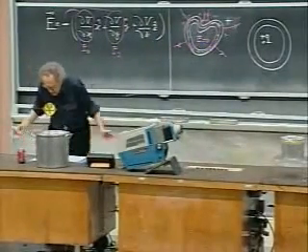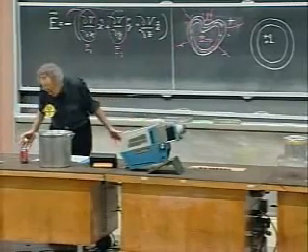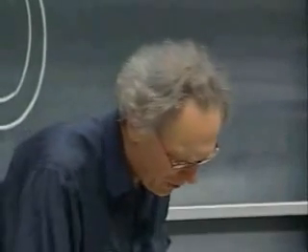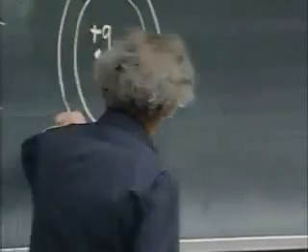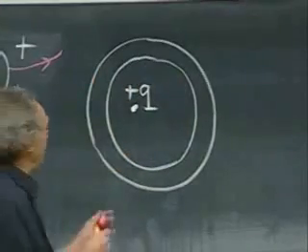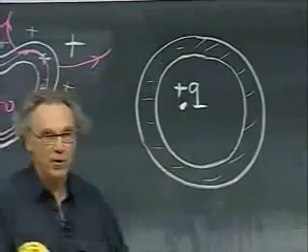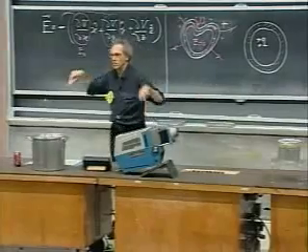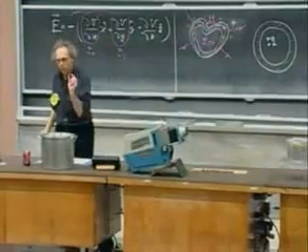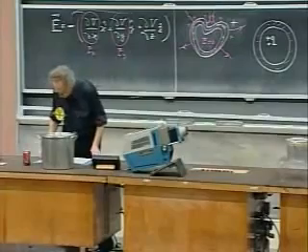And now clearly, there is positive charge inside, so clearly there has to be an electric field. But the electric field inside the conductor, that means the electric field anywhere here, must be zero. If it's not zero, the electrons will keep moving until it is zero. So the conducting material itself has no electric field.